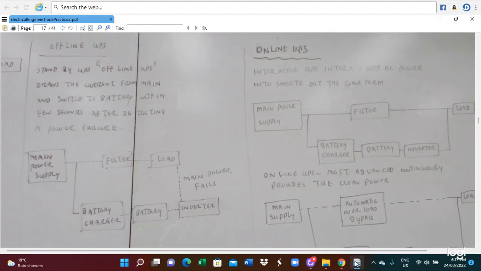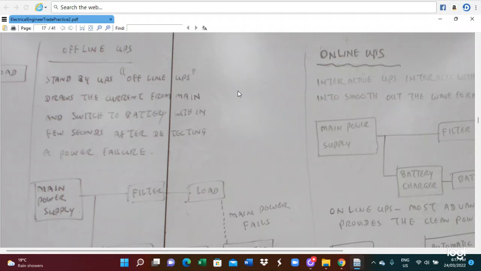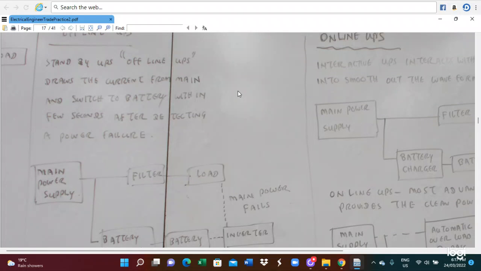So there are two kinds of this UPS, uninterruptible power supply. Offline UPS. So offline UPS draws the current from the main supply and switches to the battery within a few seconds after detecting the main power failure.